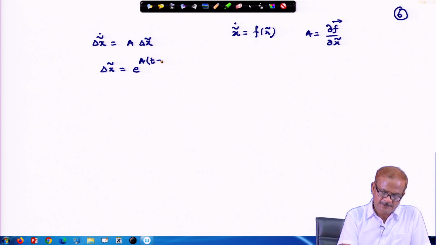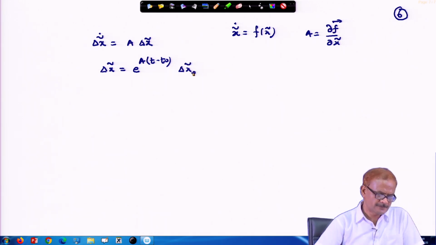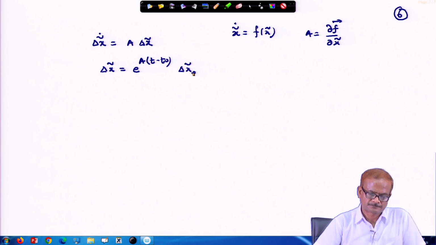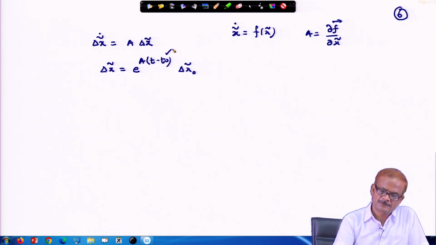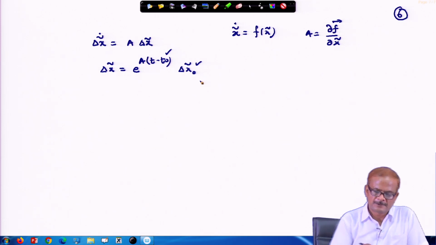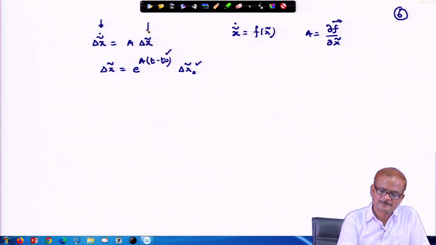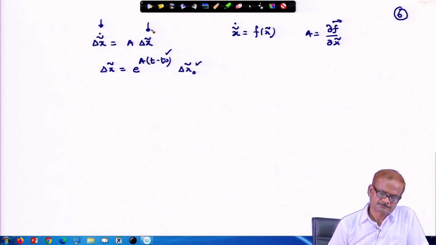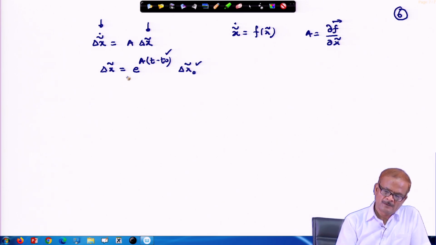This is e to the power A times t minus t 0, or from your differential equation this can be written this way, where t equal to t 0 is the initial time and delta x tilde 0 is the initial state as appearing in this equation. Okay.